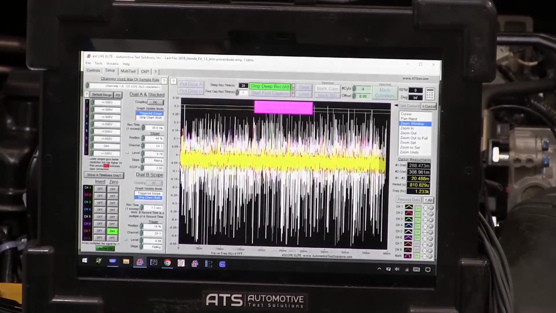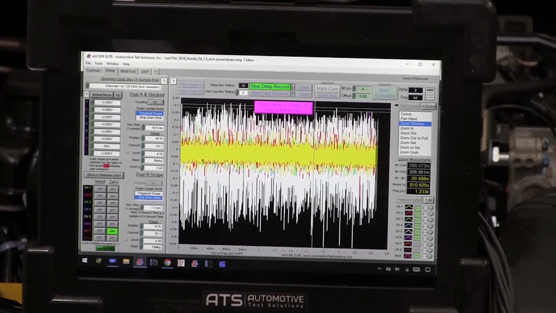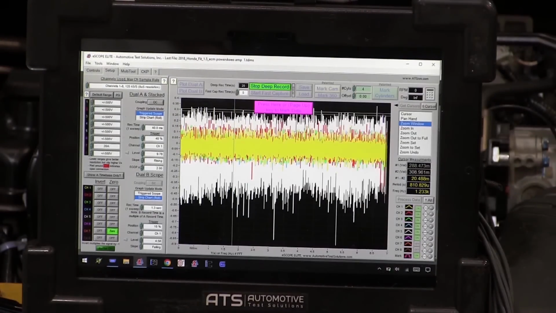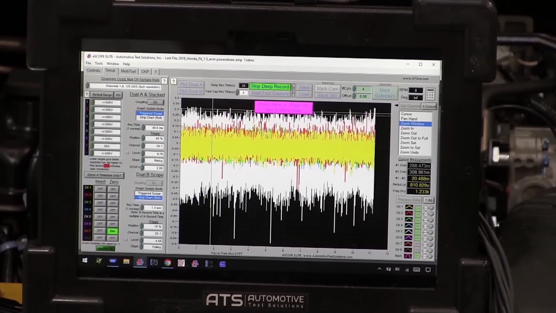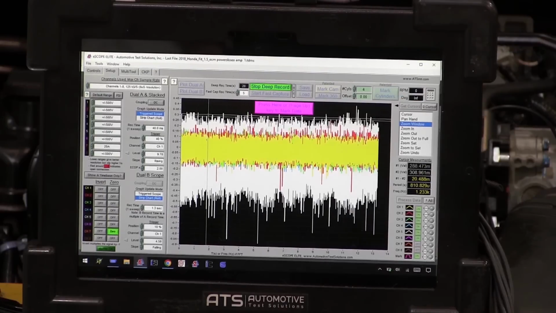We're going to go ahead and start this. That's what I want to do. I'm going to show the engine, and then I'm going to open the throttle up.